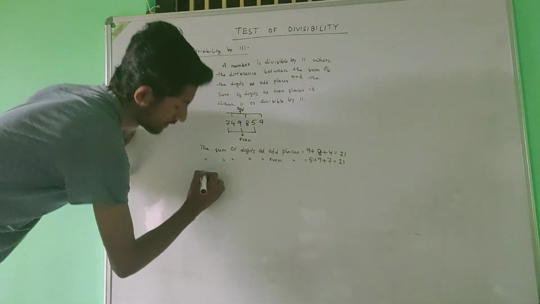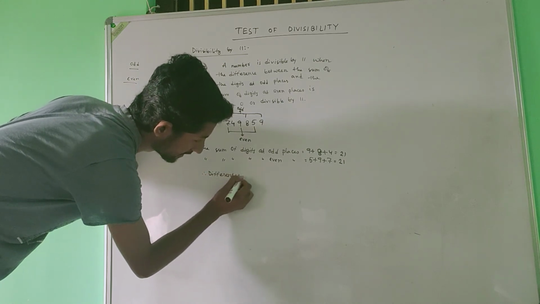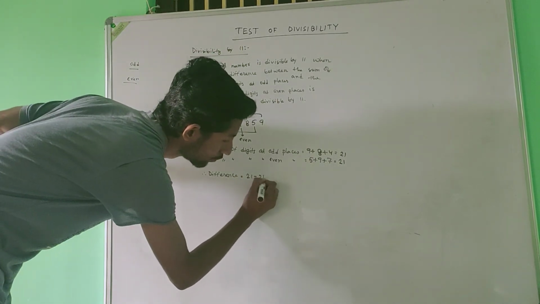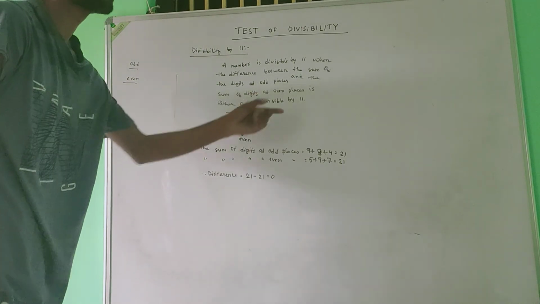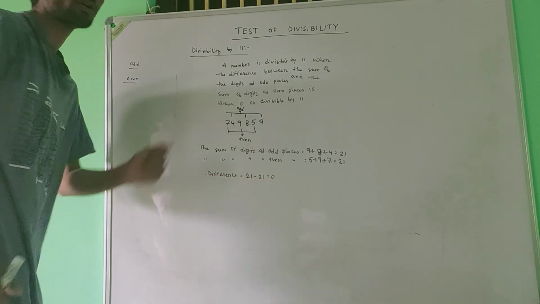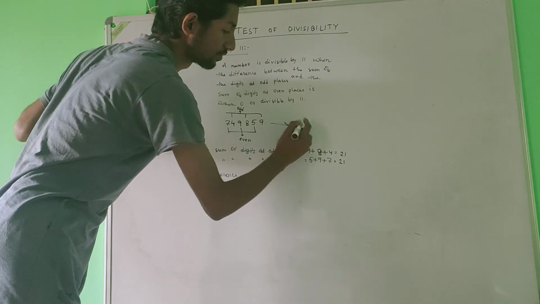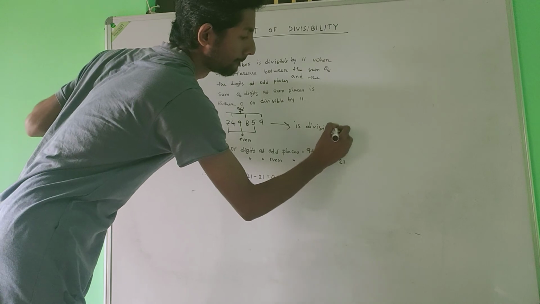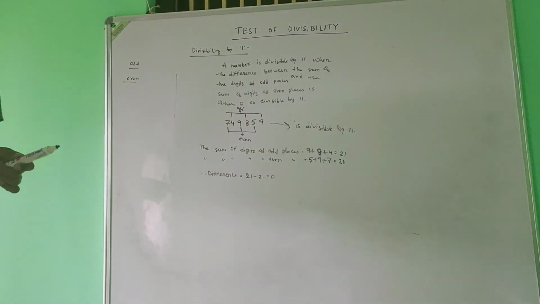Now the difference: if we subtract them, 21 minus 21 means 0, and we have written here that if it is either 0 or divisible by 11, then it is divisible by 11. So we got 0. So this number is divisible by 11.